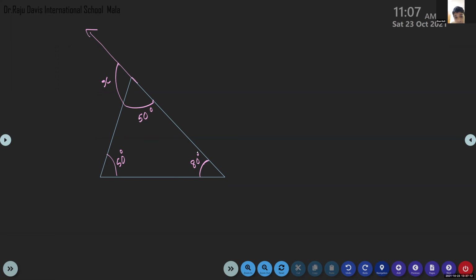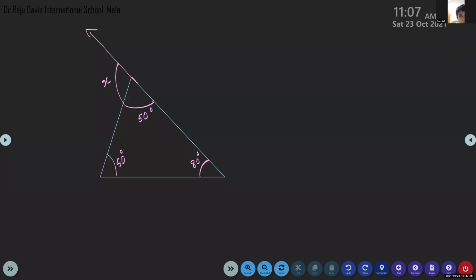What will be angle X? 80 degrees. You have to first select the interior opposite angles. Which are the opposite interior angles to X?